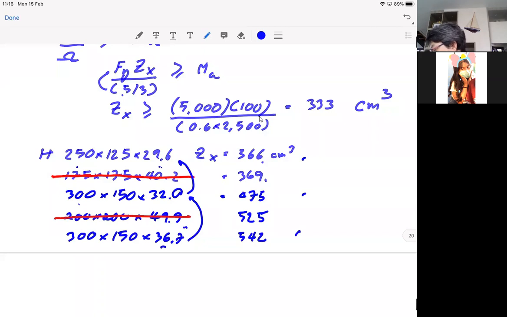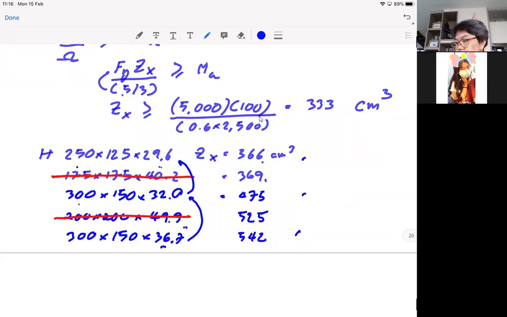But what would be your choice? Generally we should always check serviceability as well. It goes along with the beam design.